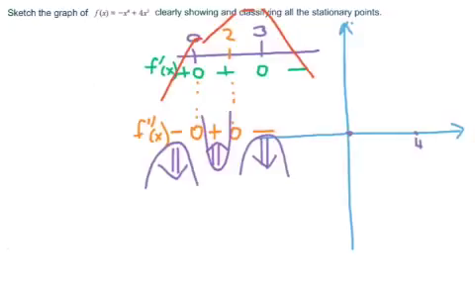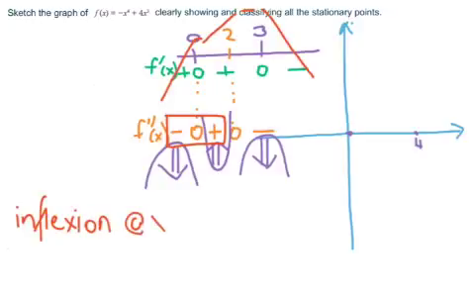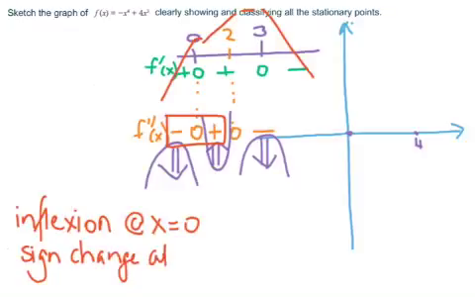Now, the other thing that we can see here is I have an inflection. So I know that I have an inflection at x equals 0, and I know it's an inflection because I have a sign change at f double dash x, and it's 0 at f double dash x as well.